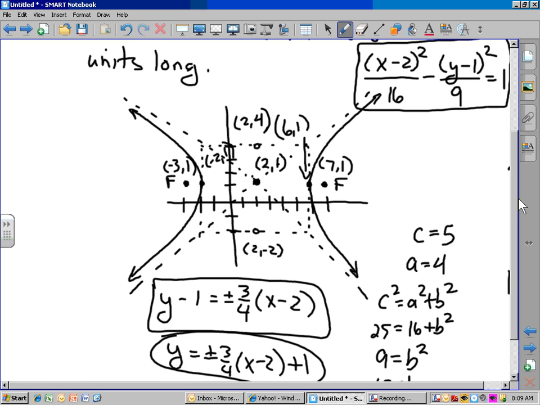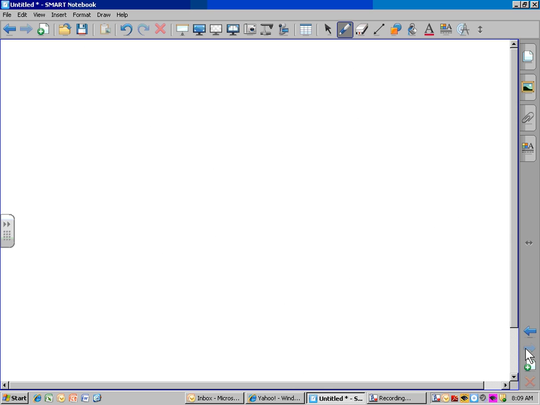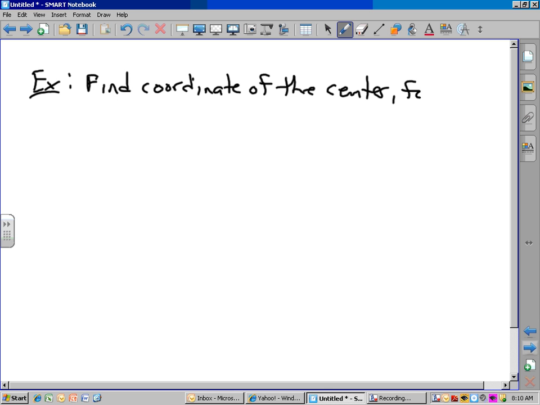All right, so I gave you some parts. We found an equation. Let me give you the equation, and let's go ahead and then graph it, okay? Find all of these parts. Everybody ready for that? Find the coordinates of the center, foci, vertices, what else?